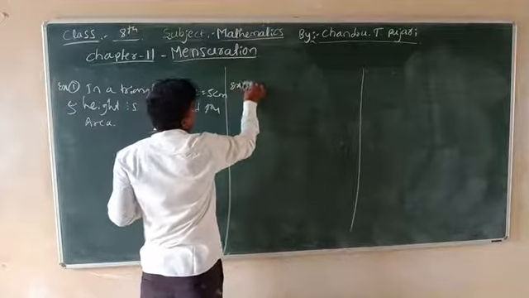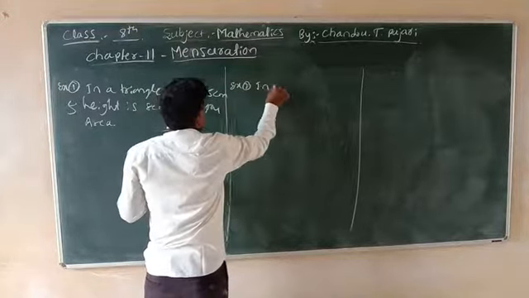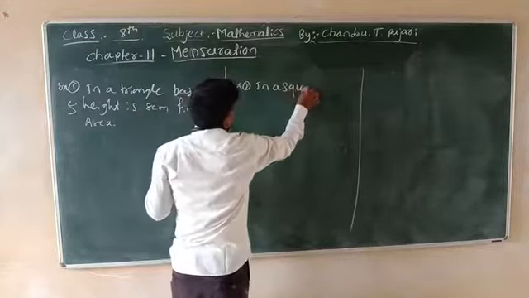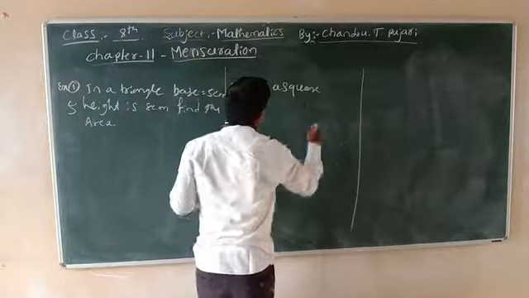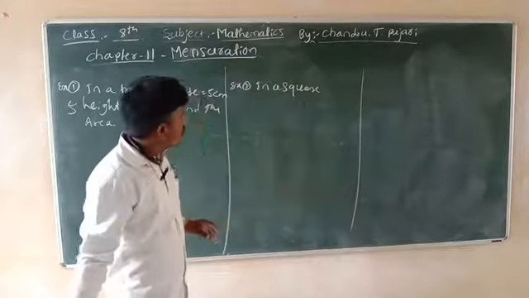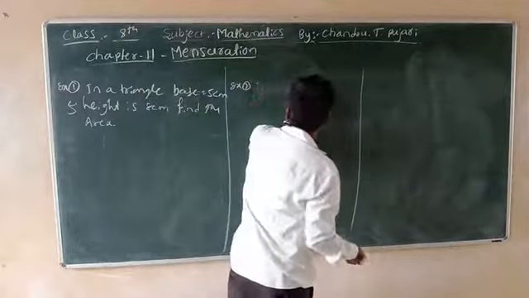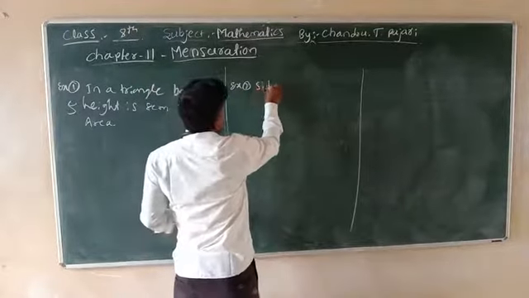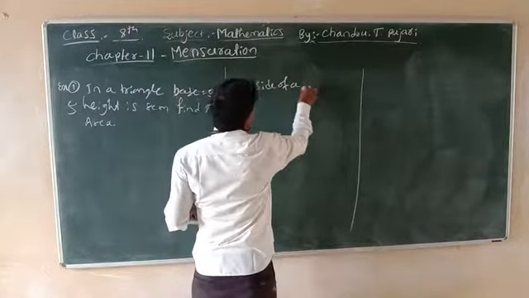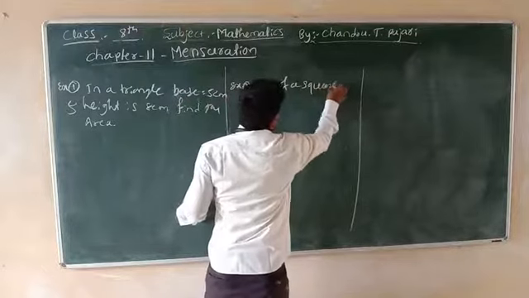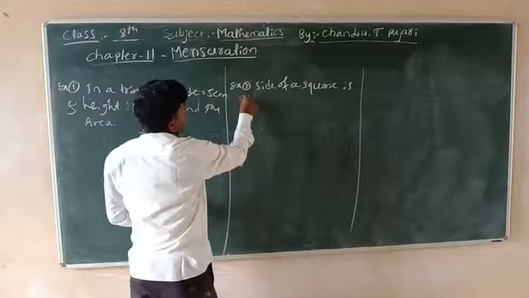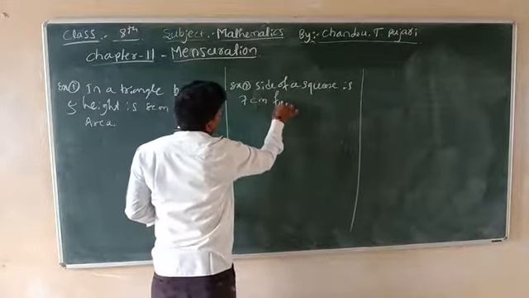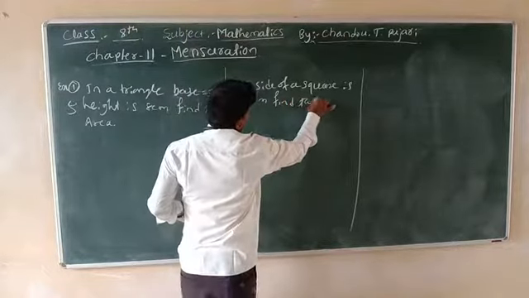Example 2. In a square, the side of the square is 7 centimeters. Find the area.